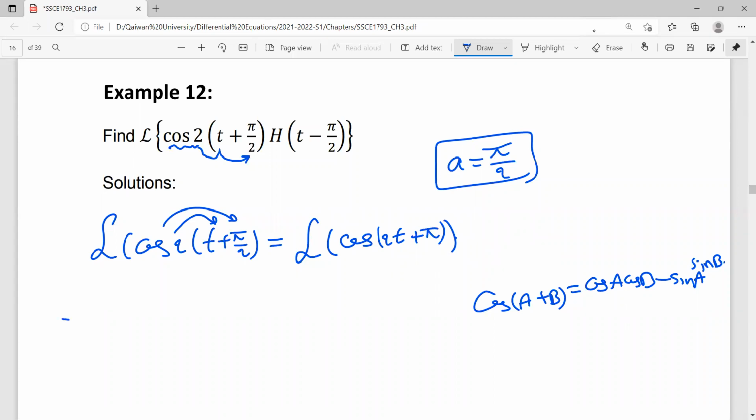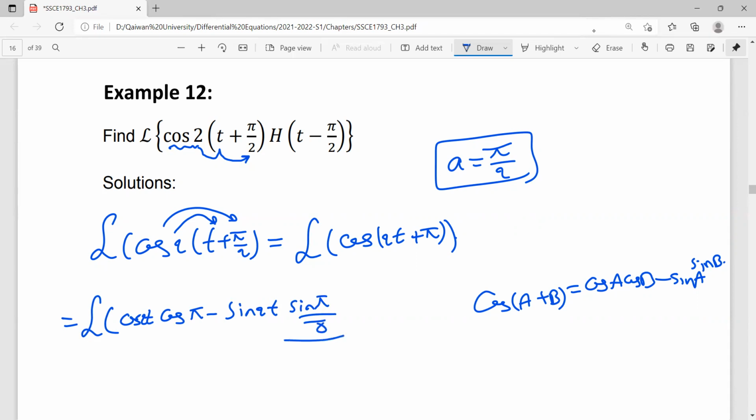And here, this equals the Laplace transform of cosine 2t cosine pi, minus sine 2t times sine pi.